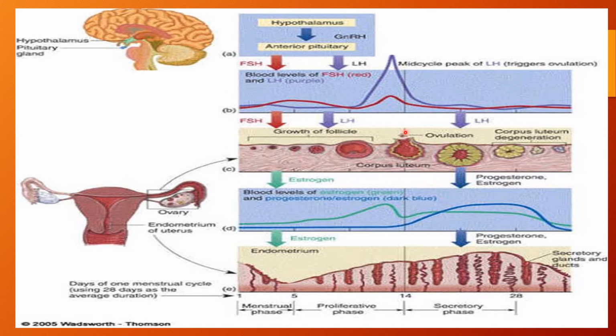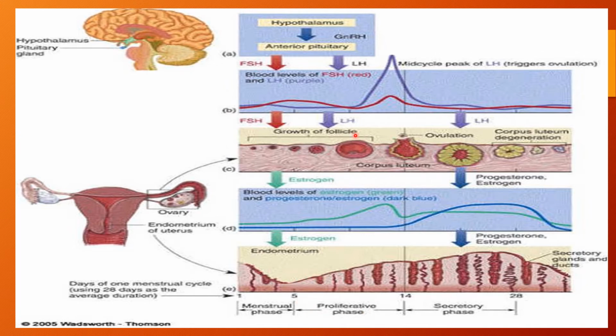And here it coincides with the rupture and release of the ovum. Once the ovum is not fertilized, the corpus luteum will regress and later on becomes your corpus albicans. It also coincides with the phases of your endometrium.